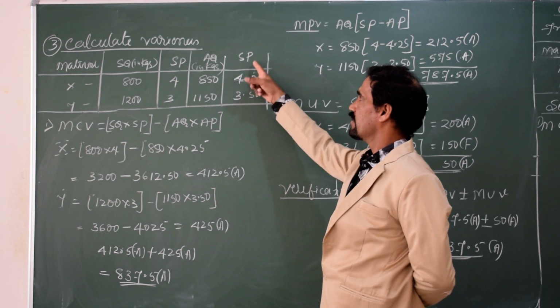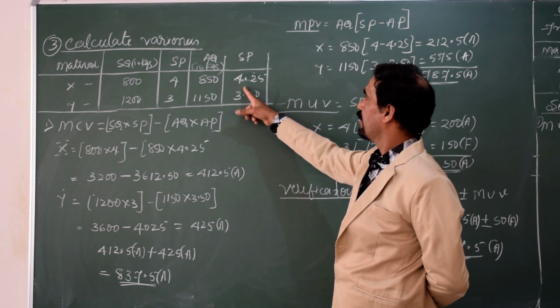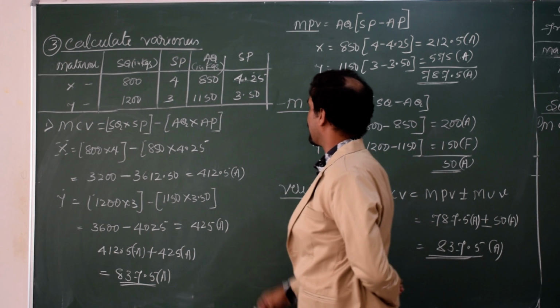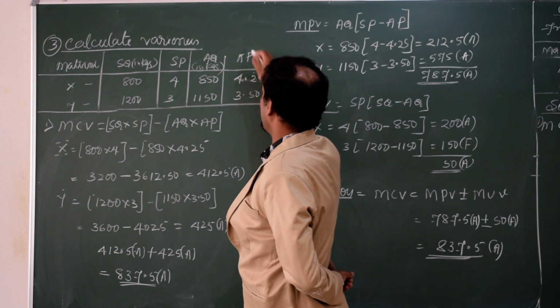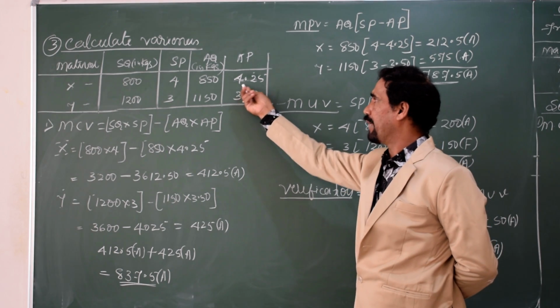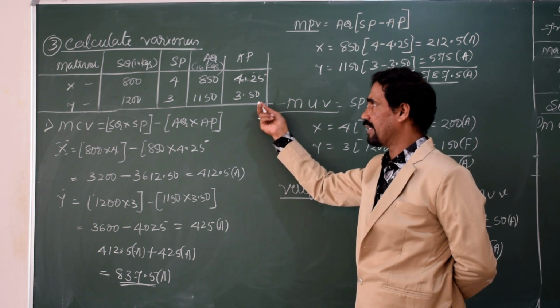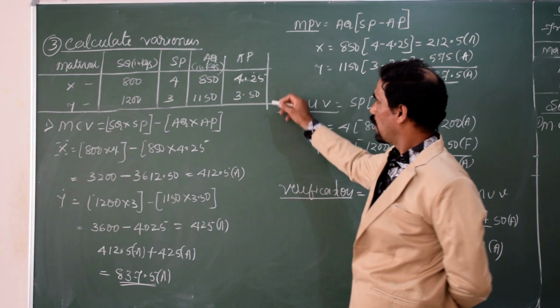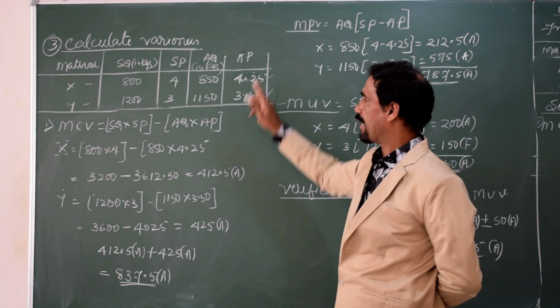Actual prices are 4.25 and 3.50, that is 4 rupees 25 paise and 3 rupees 50 paise. He has given fractions. How are we going to apply the formula with fractions?